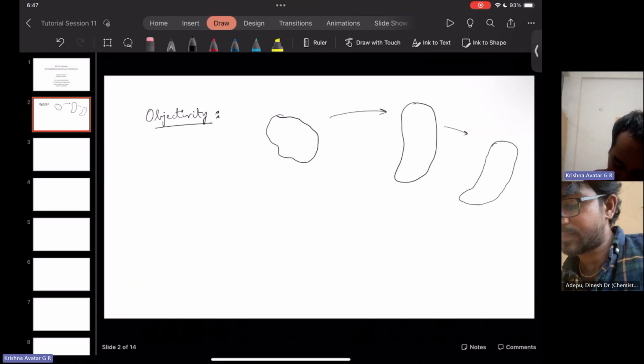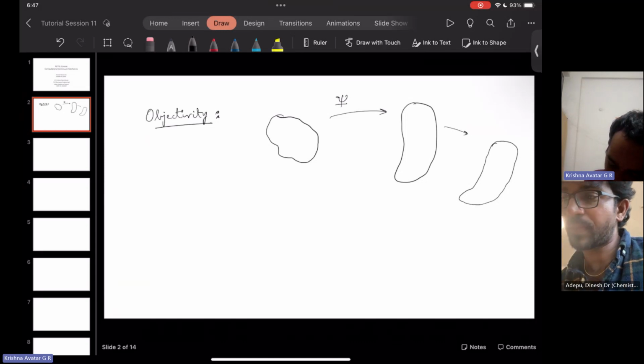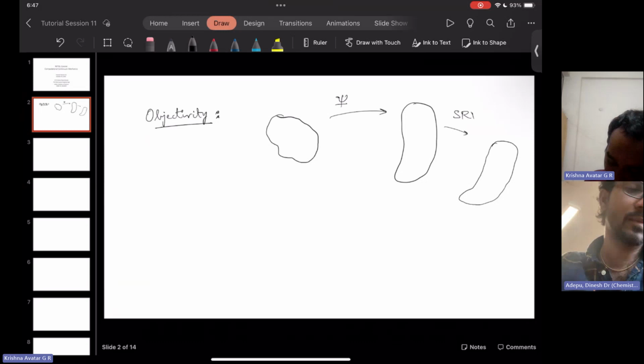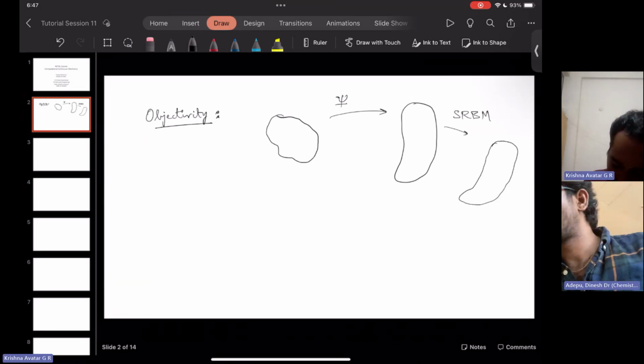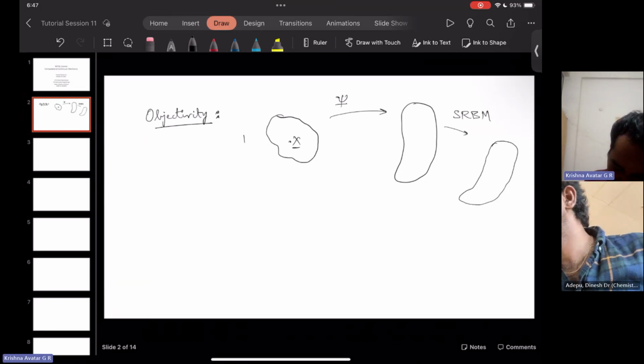So this is what we call psi, the X vector psi is the mapping, and this is rigid body motion, or what we call superimposed rigid body motion. So we had a material point X vector, and it would deform to some X vector, and then it became X vector star or X vector tilde.